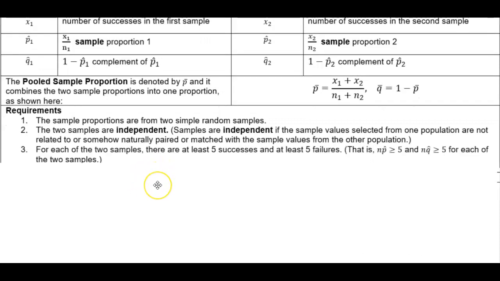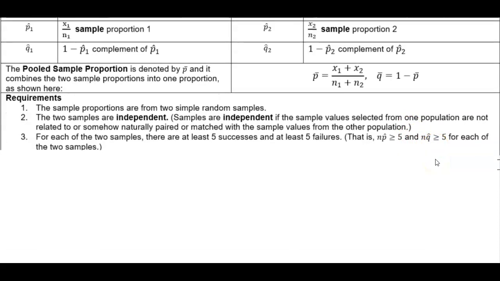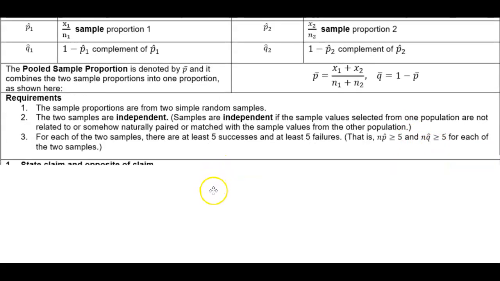Number 3, for each of the 2 samples, there are at least 5 successes and at least 5 failures. That is, N times the point estimate P hat is greater than or equal to 5, and N times the complement of the point estimate, Q hat, is greater than or equal to 5 for each of the 2 samples.